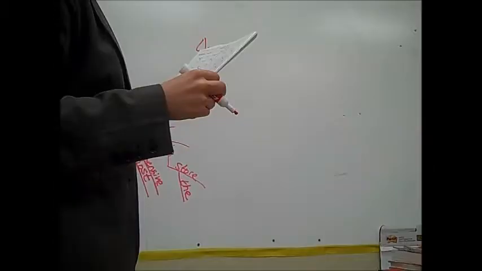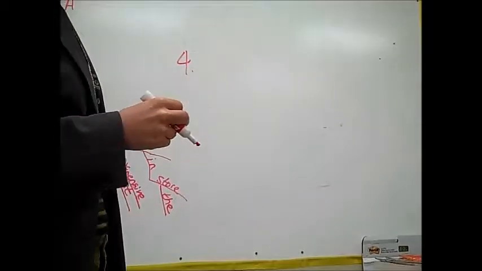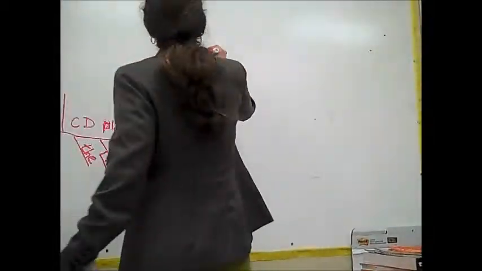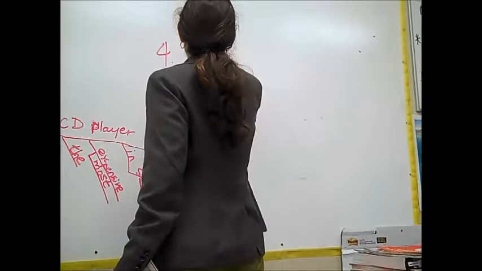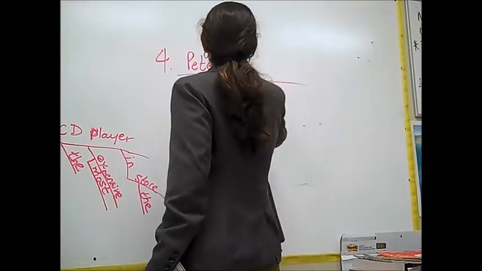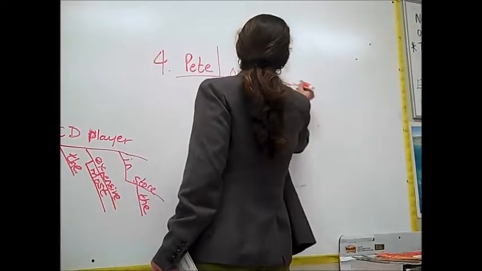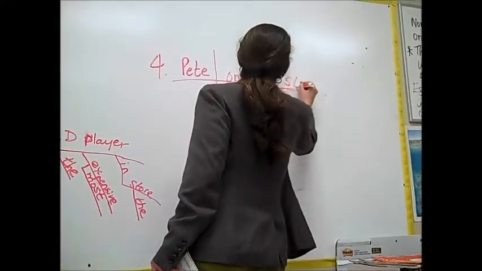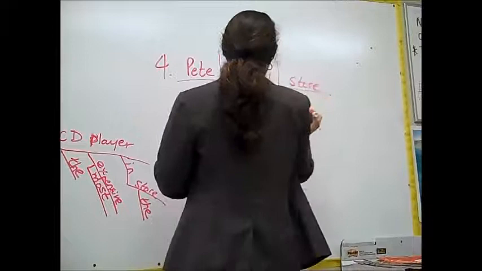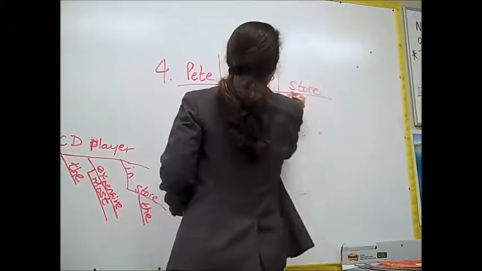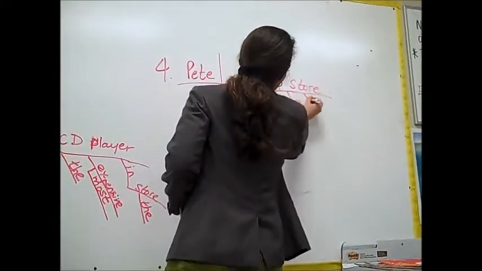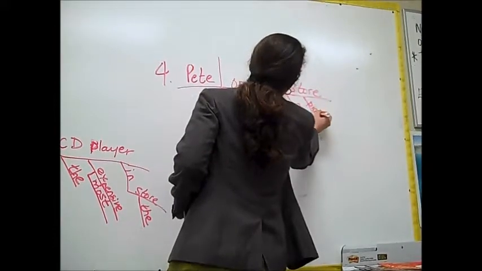And that's number three. Pete opened a piano store in Denver. Pete is your subject, the person doing the action. Opened, predicate, simple predicate, verb. Pete opened store. A piano, these are both adjectives telling more about the store.